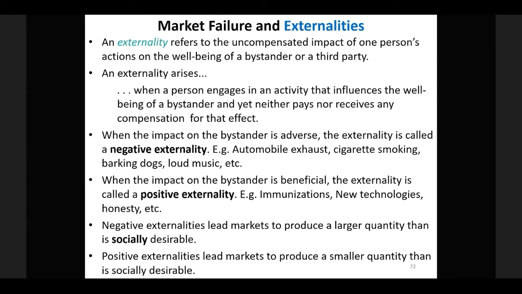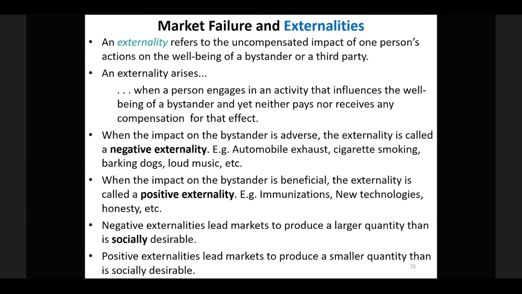In this case, your immunization yields external benefit to people in the community, and you are generating positive externalities. What about new technologies? Sometimes when new technology comes, it also influences the production possibilities of other firms without them making payment for it. And this is a kind of positive externality as well.